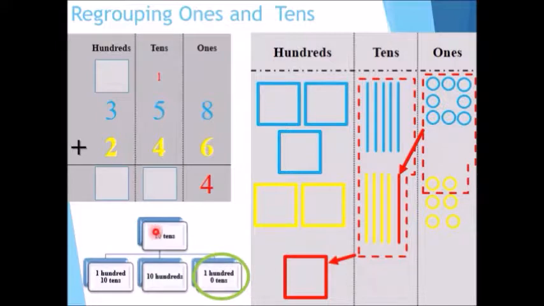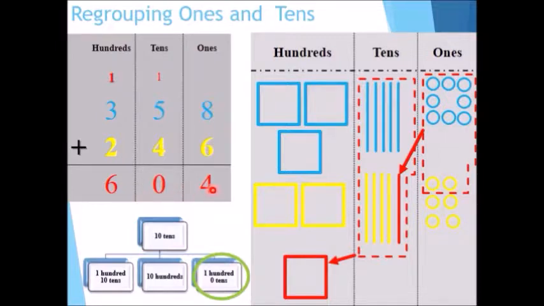No, so we record 0 in the tens place and we regroup 1 hundred in the hundreds place above the 3. Let's add the hundreds. 1 hundred plus 3 hundreds plus 2 hundreds is equal to 6 hundreds. It's 604. The sum is 604.